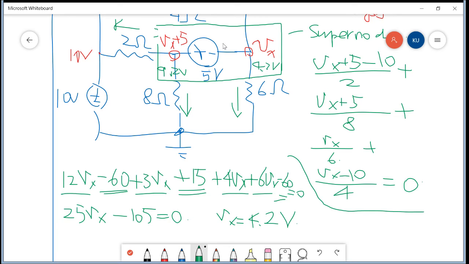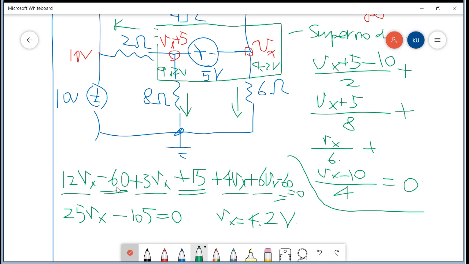And if you want to know the current going through the voltage source, you must use the KCL here, so that you calculate the current going through this 2 ohm resistor, going through the X ohm resistor, so that the current going through this voltage source equals this current plus this current.